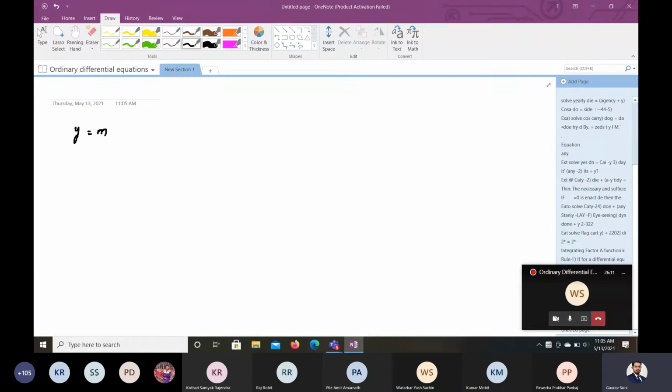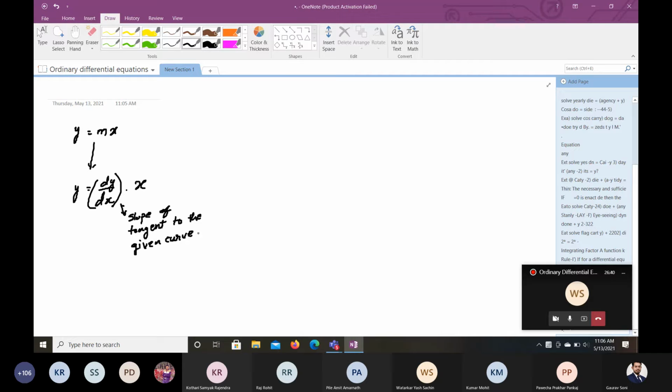So given family y is equal to mx, I found the differential equation of it. So we got y is equal to dy by dx into x. In this, we know that dy by dx represents the slope of tangent to the given curve at the point x comma y.